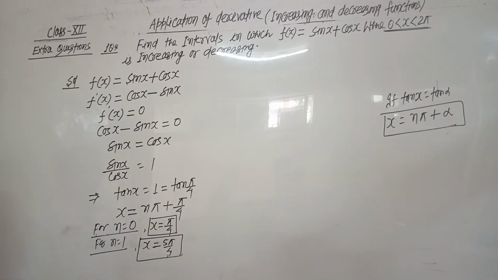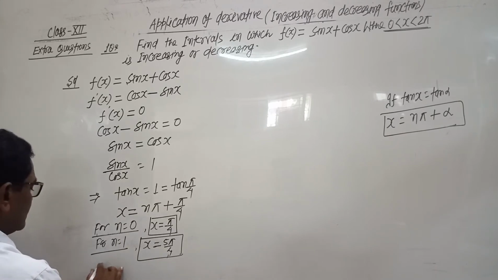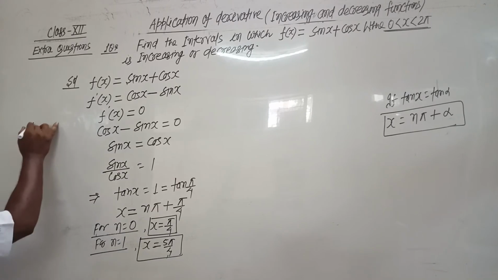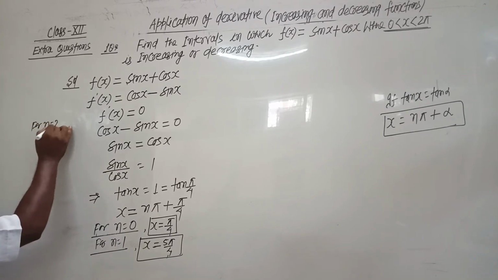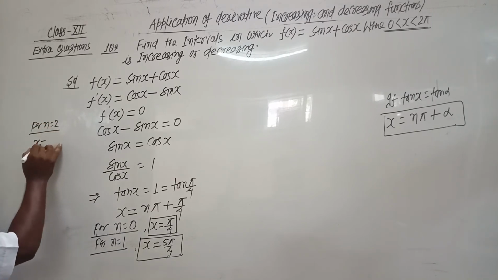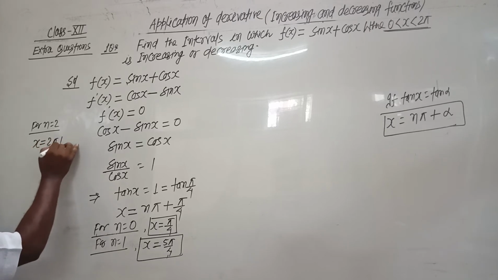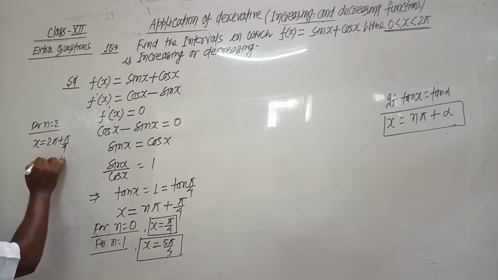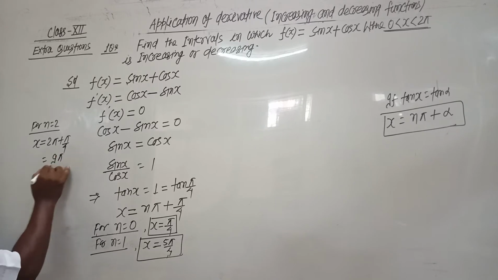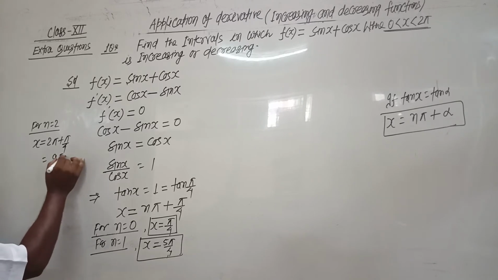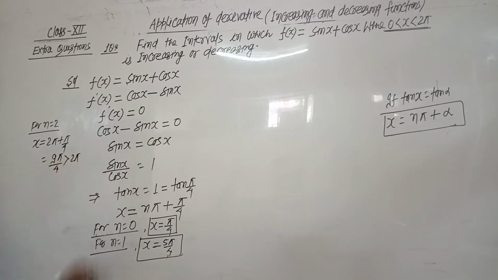And if we take n equals 2, see what happens. For n equals 2, the value of x comes to be 2 pi plus pi by 4, which is 9 pi by 4, which is greater than 2 pi. But the given interval is from 0 to 2 pi, so we can't take this value.